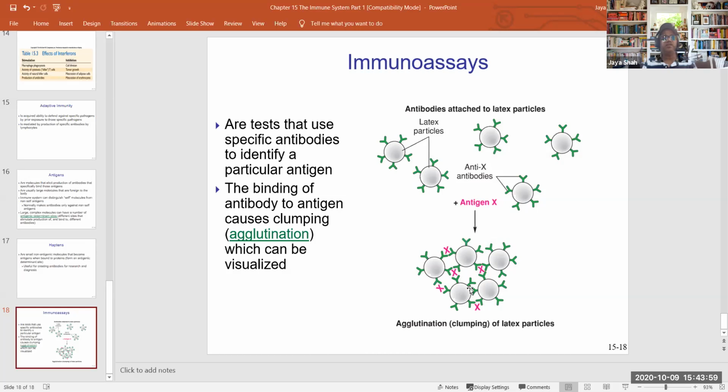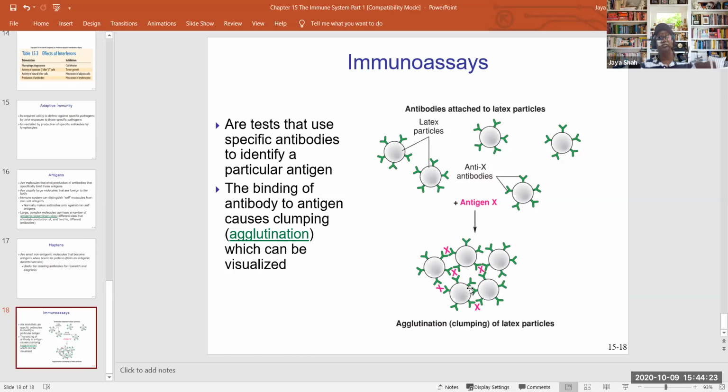Okay, so this is all about the first part of the immune system. Again, the immune system can be classified into two groups: the innate immune system and the adaptive immune system.